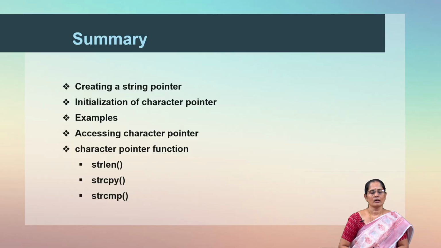So, summarizing on this particular session, we have learnt how to create a character pointer, how to initialize a character pointer, then how to make a string to be accessed through the character pointer. Anyway, we would have declared the character pointer. Using a character pointer, how we can handle the strings.